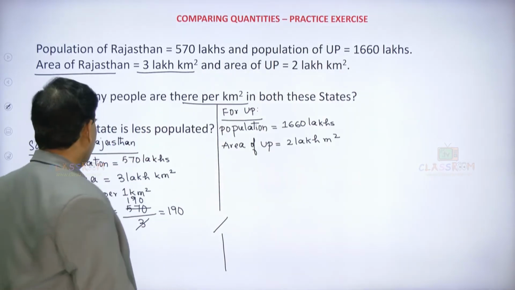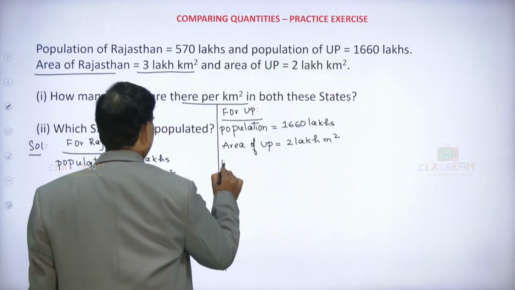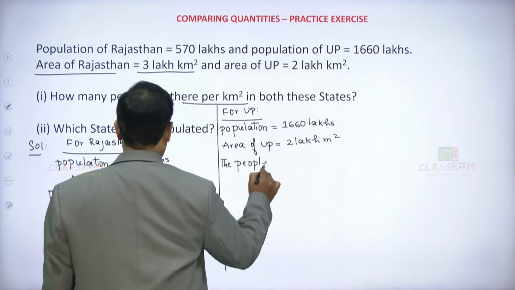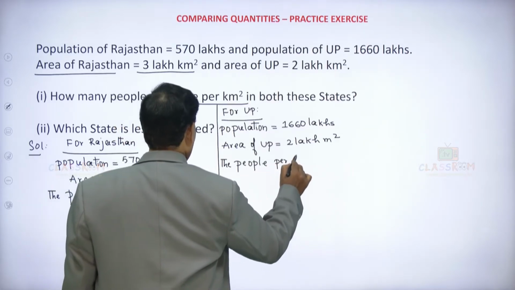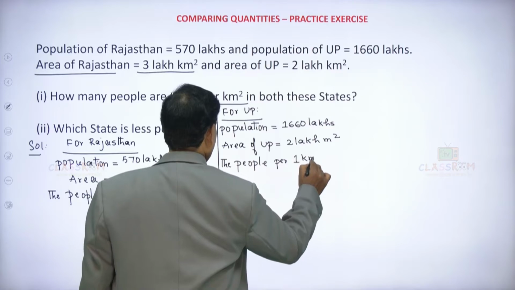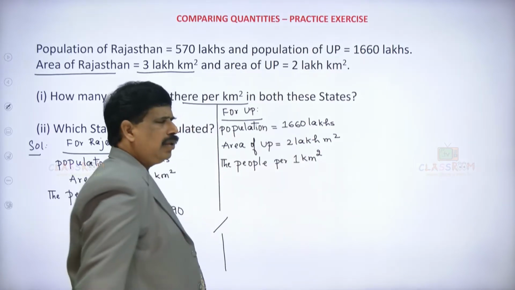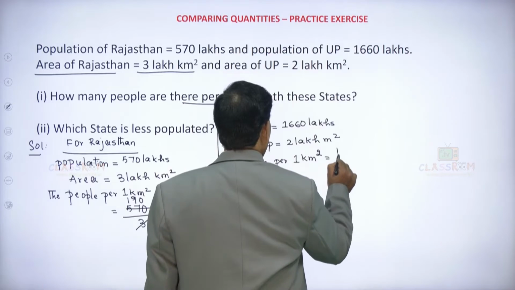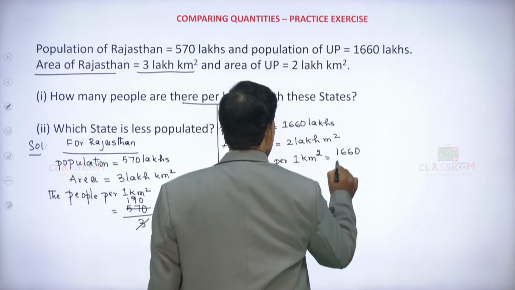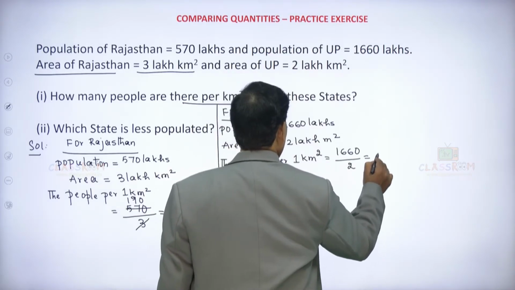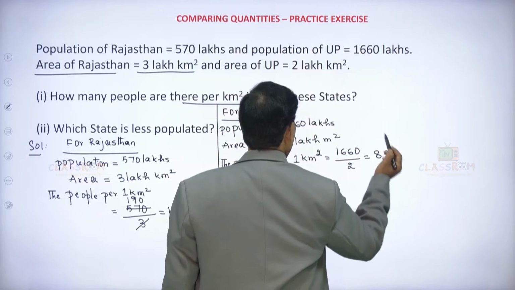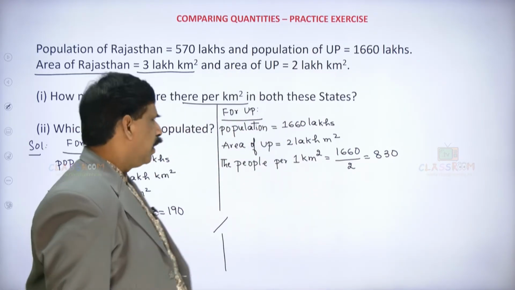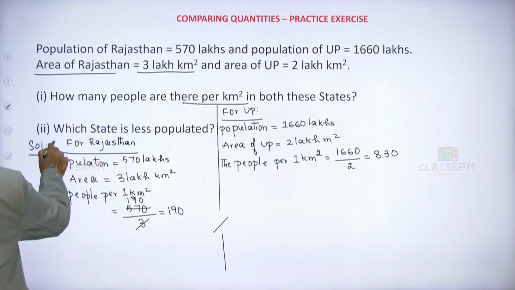So similarly, the number of people per 1 kilometer square is 1660 by 2. 2 8s are 16, 2 3s are 6, 0. So 830 people per 1 kilometer square. That is the first problem.